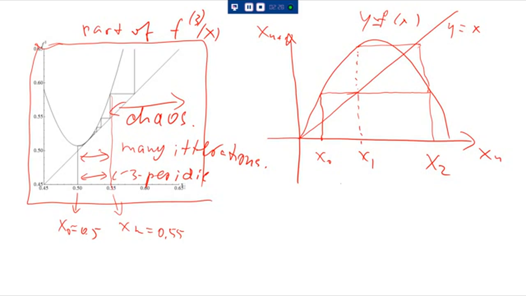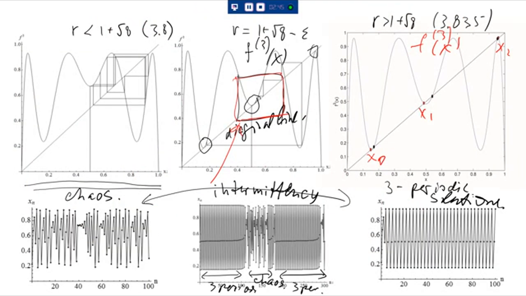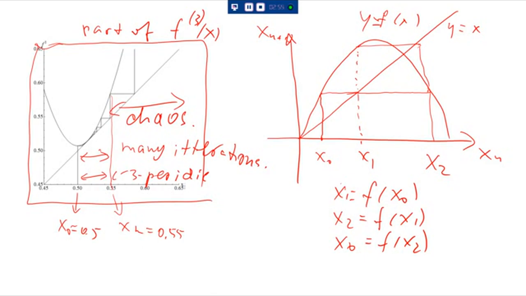And we can see that f^2 of x_2 is x_0. Let's put it like this: x_1 is f of x_0, x_2 is f of x_1, and x_0 is f of x_2. And these x_0, x_1, x_2 here correspond to this point. So these are fixed points of the f^3 map. So this is a three-periodic solution.